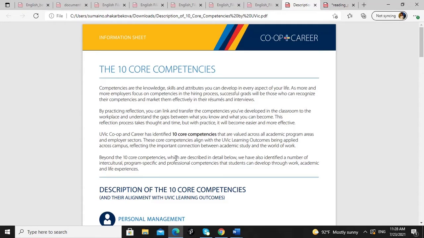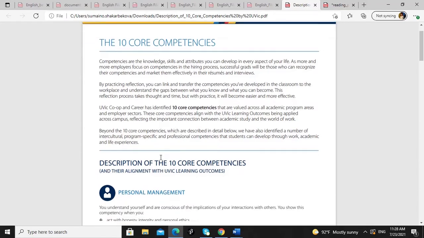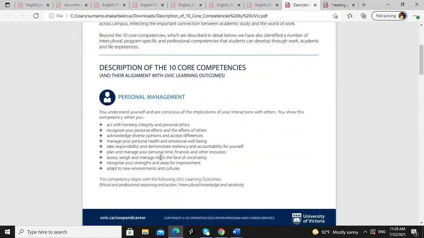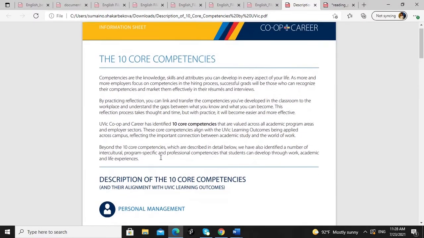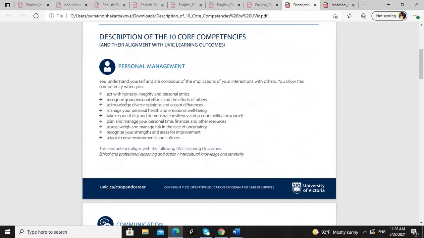It will help you choose the names of competencies for your competency assessment form. It lists 10 important competencies, explains every competency, and tells where and how students should use this particular competency.